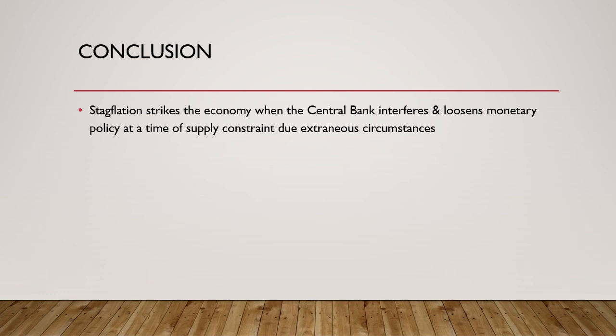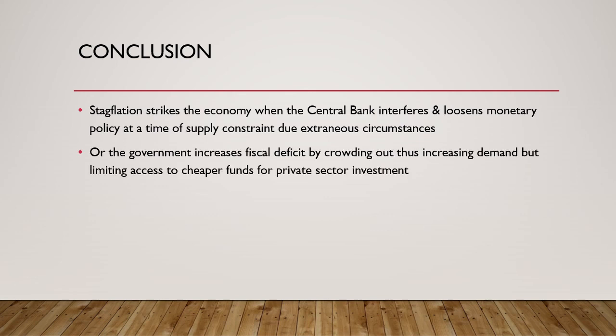Now, stagflation strikes the economy when either the central bank interferes through its loose monetary policy at a time of supply constraint, as we saw, due to some extraneous circumstances, or the government interferes through its wrong fiscal policy, that is funding fiscal deficit by, let's say, the crowding out phenomenon, as we saw in the slides before, which increases the demand in the economy, however, at the same time limits the access to cheaper funds for private sector to invest.